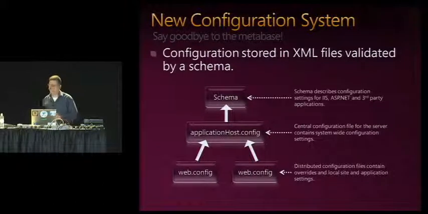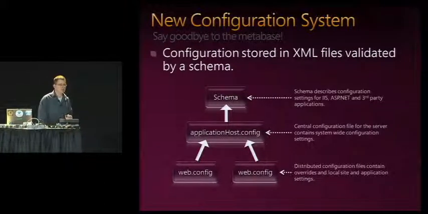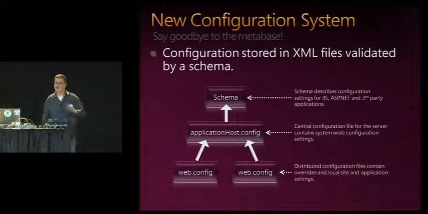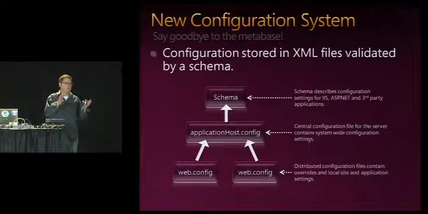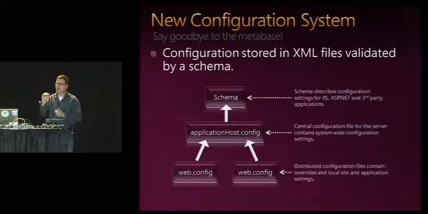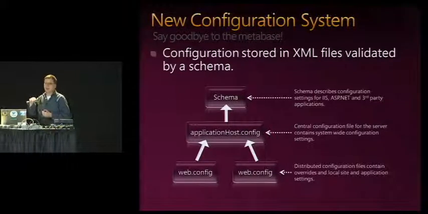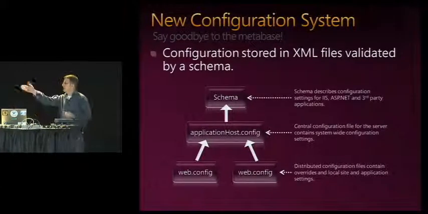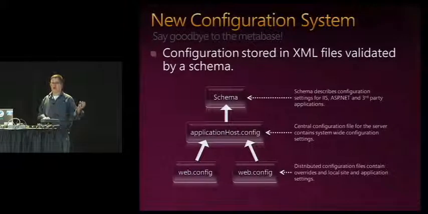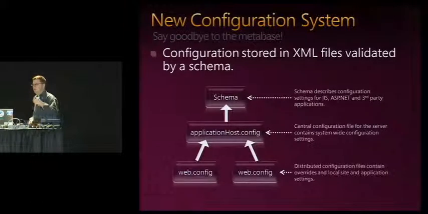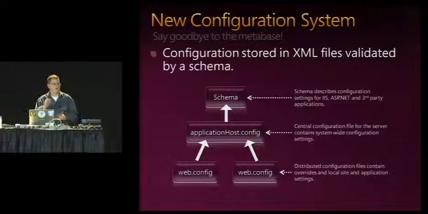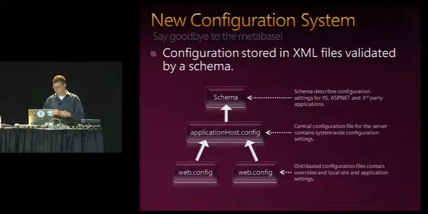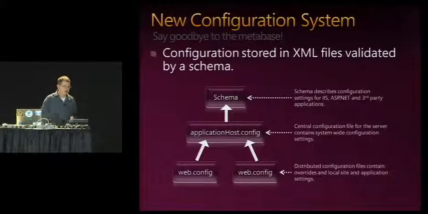It is a distributed configuration, which means that we've got that central applicationHost.config file, but we also have additional files at the website and application level that can override settings or set local settings. One of the great things about this XML configuration system is those files can be copied using either the command prompt or using the Windows Explorer, however you want to copy those around.